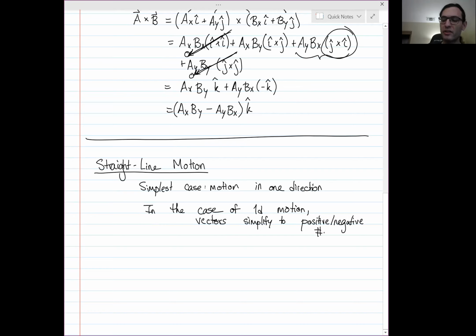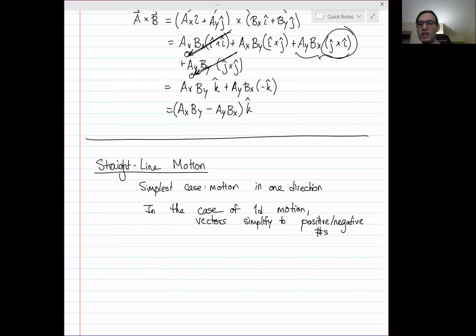The way to think about this, and I'm harping on this a lot because it's important, is that you could do all of these calculations with an I hat hanging around. Say you're worried about something moving on the x-axis. You could carry this I hat: 5 meters in the I hat direction, 2 meters per second in the I hat direction.